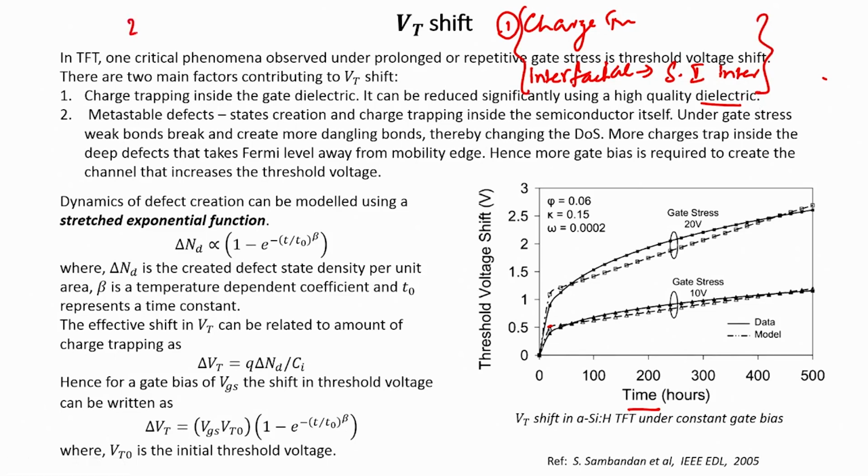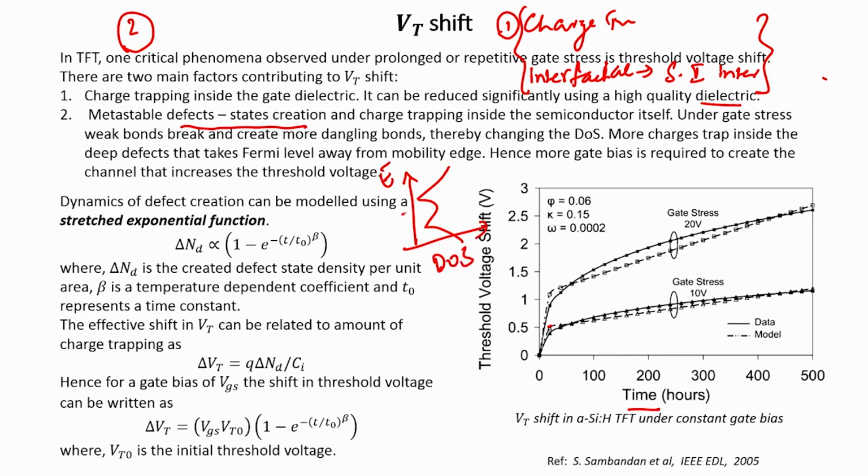There is another mechanism which contributes to charge trapping, and that is related to something called defect state creation. So, what is defect state creation? So, we saw that there was a certain density of states in the semiconductor. So, that was the energy and this was the density of states.